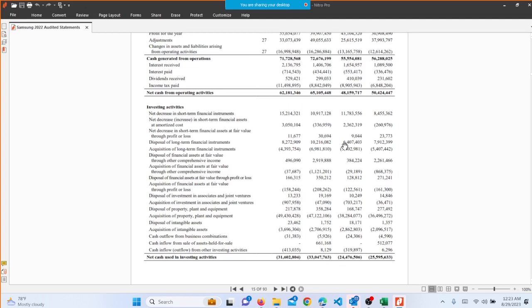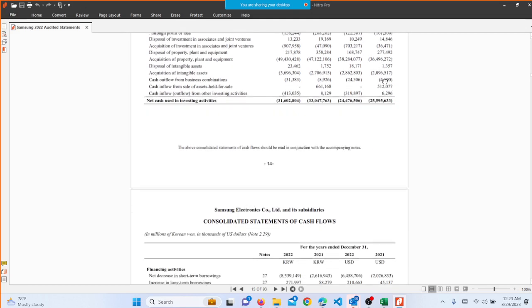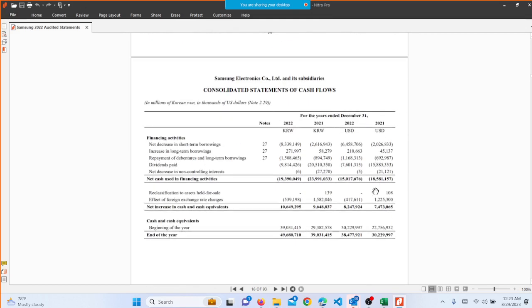They sold some financial investments, some long-term financial instruments, and purchased long-term property, plant, and equipment, $38 billion, and $36 billion last year. So in both years, they invested around $25 billion into new acquisitions.